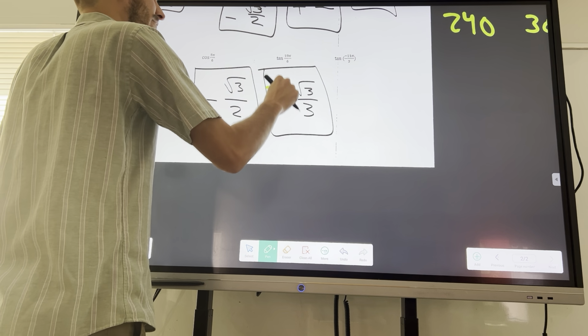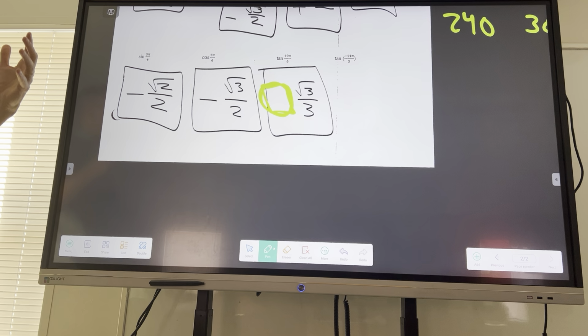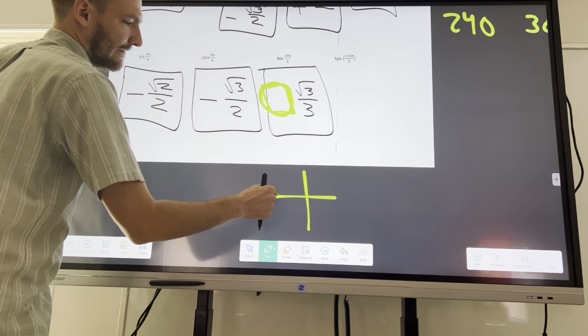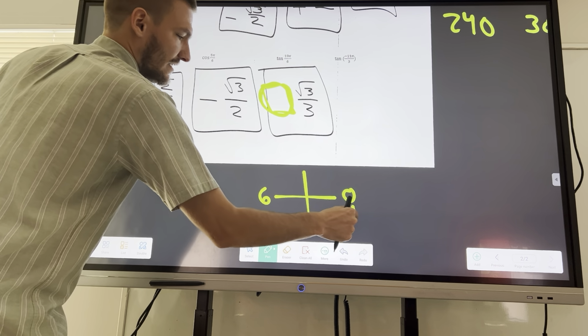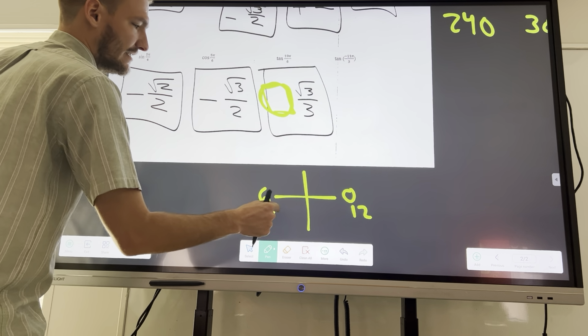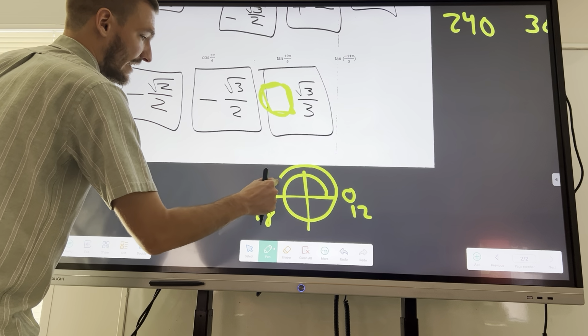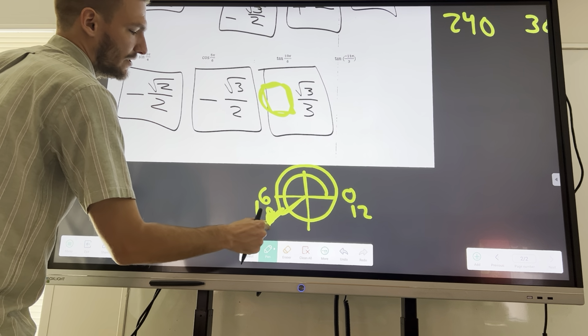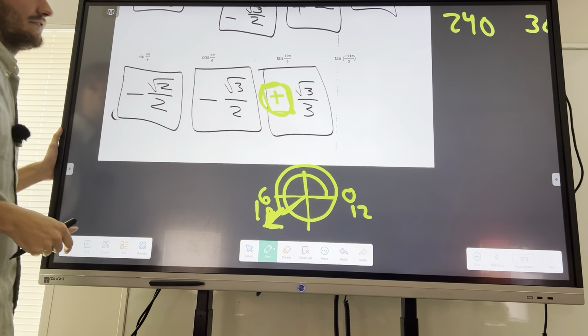The one thing that we have to figure out is the sign, which might not be super obvious, of 19 pi sixths. Does anybody know what quadrant we would be in? The third. If this is 0 and we're talking about sixths, 6, 12, 18. So that would be 0, 6, 12, 18, 19 would be in the third quadrant. Tangent would be positive there.